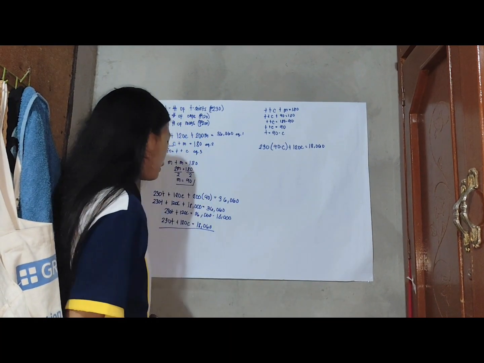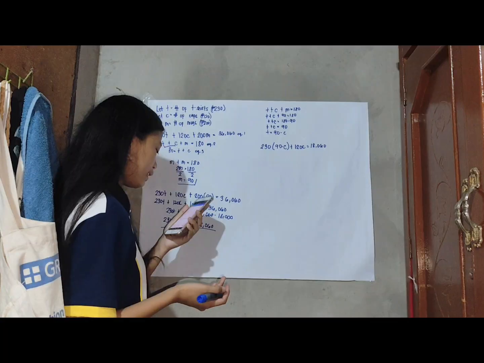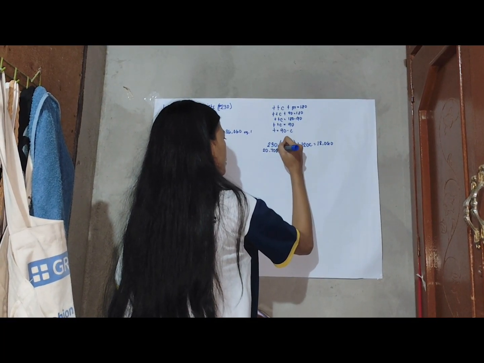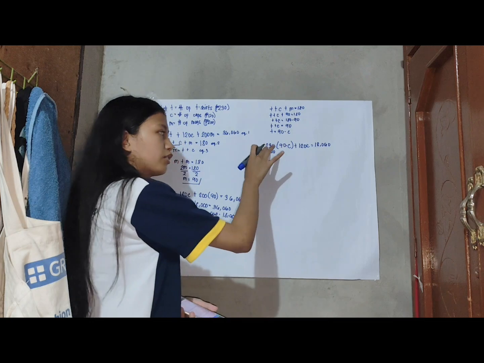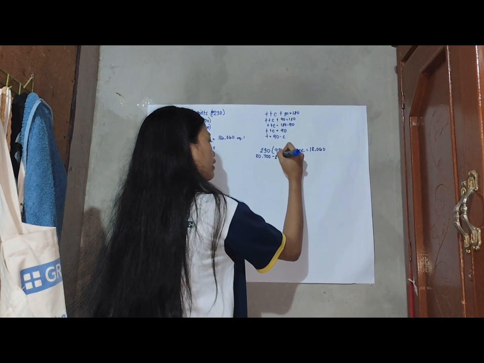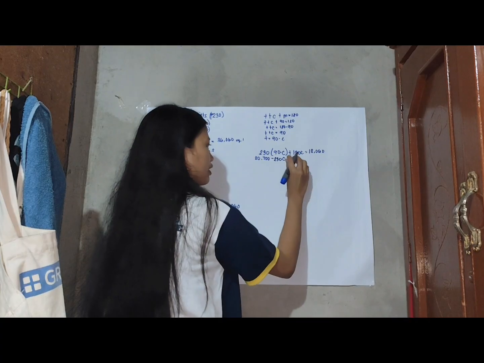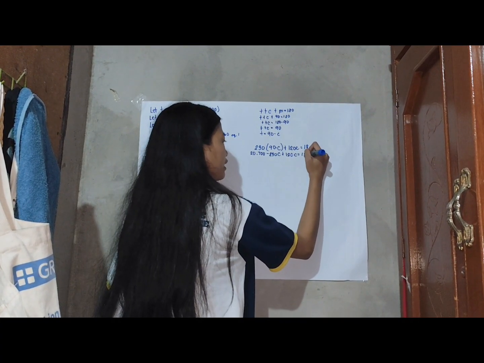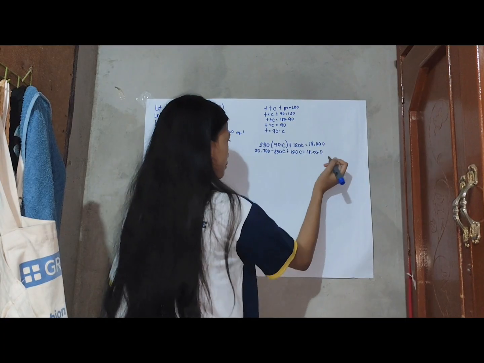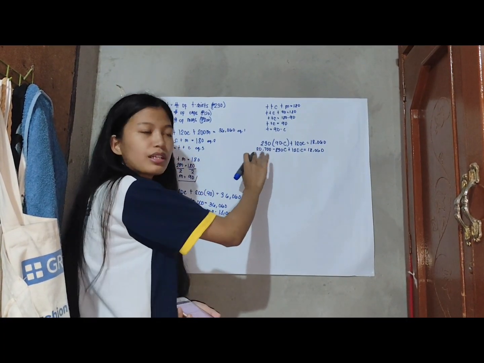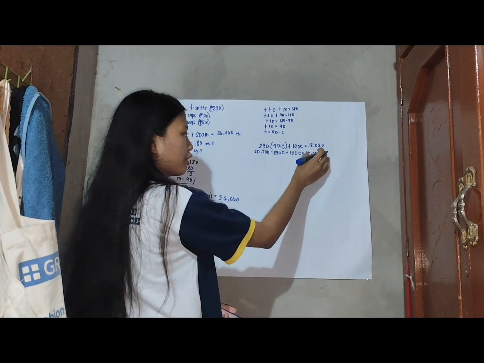So 230 multiplied by 90 is equal to 20,700. Then 230 multiplied by negative c is negative 230c. Just copy this, plus 120c is equal to 18,060.